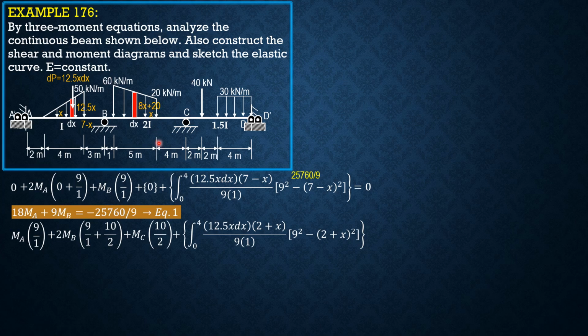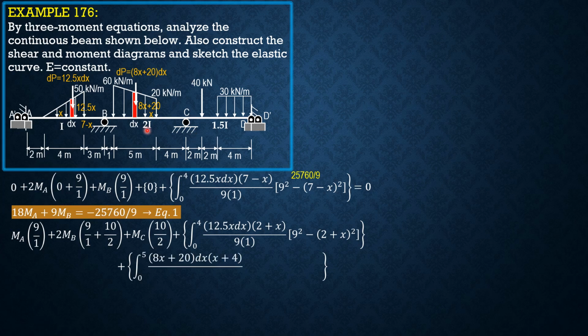Therefore, the value of 6 area 2b over I2L2 is the integral of quantity 8x plus 20 dx, that's dP. B is x plus 4 all over L, which is 10, moment of inertia 2, so 10 times 2.